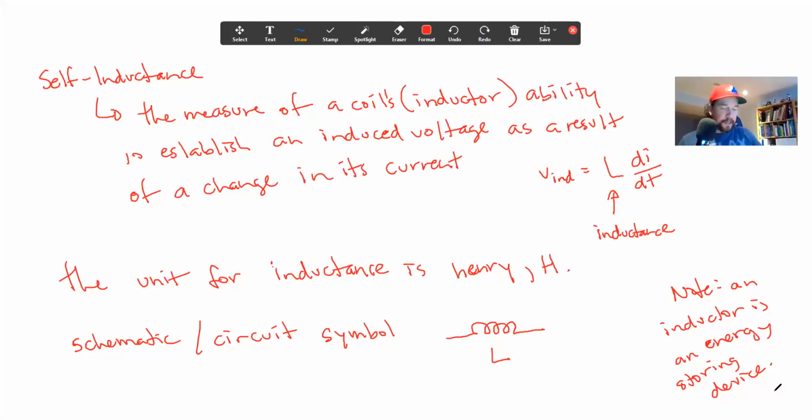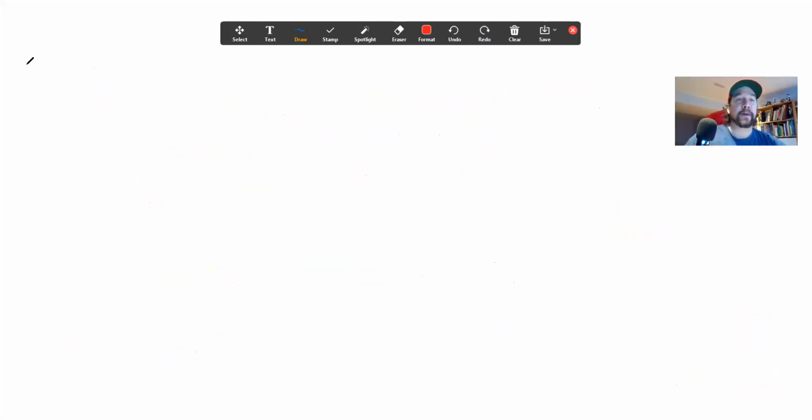Now, let's look at what it does when they are in series and in parallel so that we have an idea of what things are going on. So it's kind of like the capacitors as well. So inductors in series.